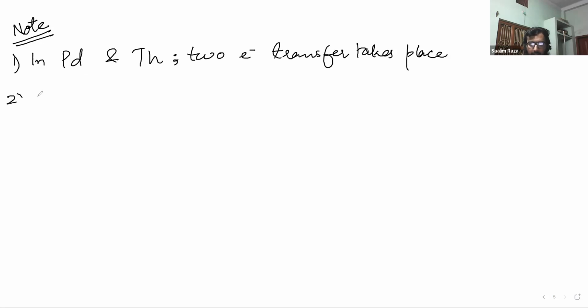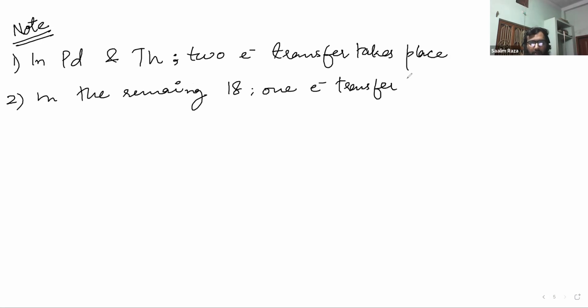Second, in the remaining 18, one electron transfer takes place.